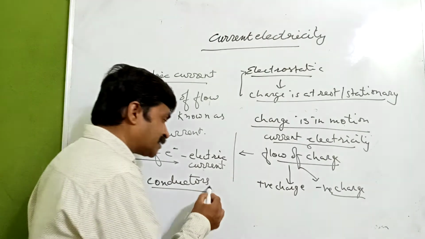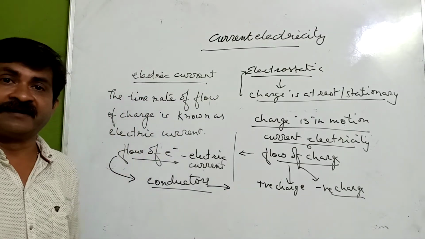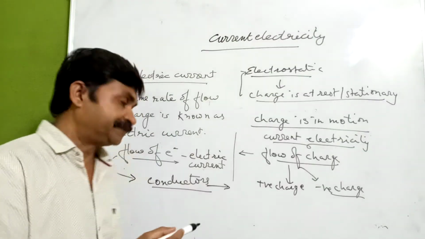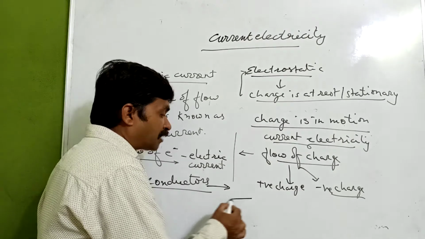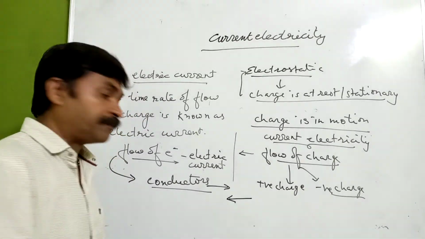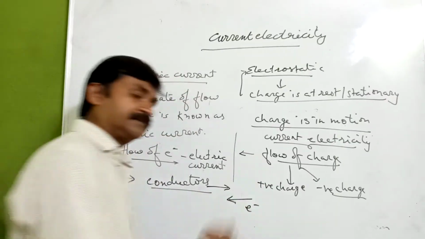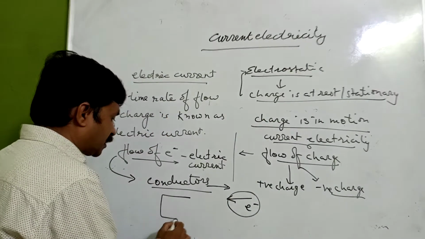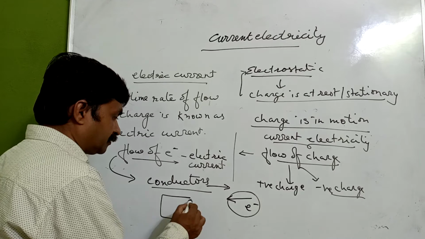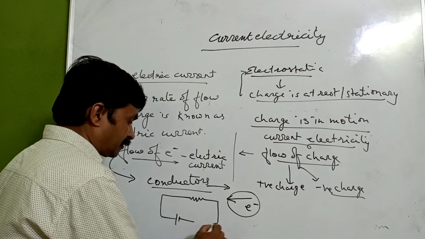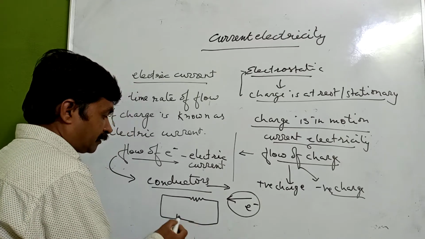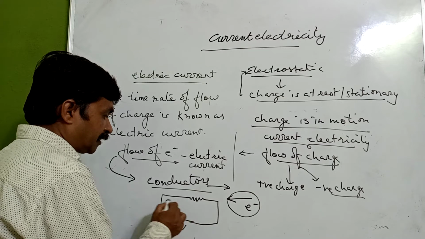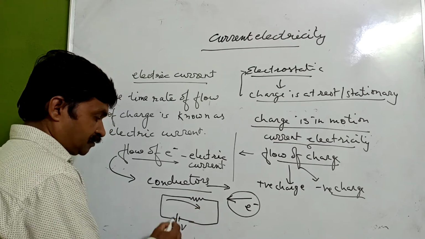When some electric field or electric potential is applied, the charge moves, meaning electrons are moving. Once electrons are moving in a closed circuit, for example a conductor to which we apply potential, there will be flow of charge.